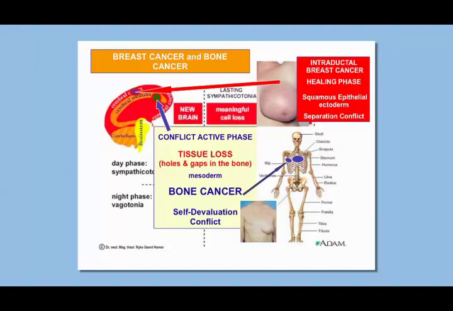In other words, holes and gaps in the bone. And Dr. Hammer often shares this with us, that when he was a medical student, he had a hard time with this because he said, we always learned that a cancer is a growth. But in the case of bone cancer, all of a sudden it's not a growth, but it is a hole. It is a tissue loss. It is gaps and holes in the bones.